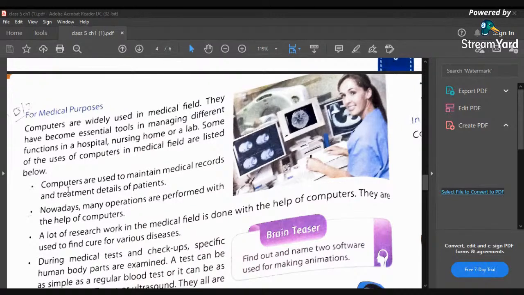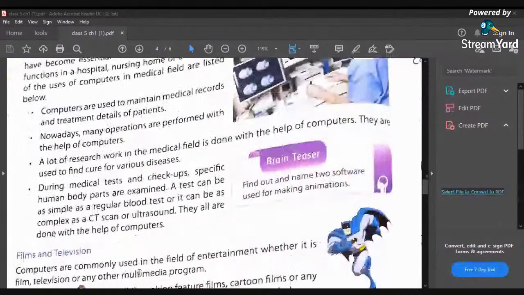Nowadays, many operations are performed with the help of computers. A lot of research work in the medical field is done with the help of computers. They are used for scanning and diagnosing various diseases.